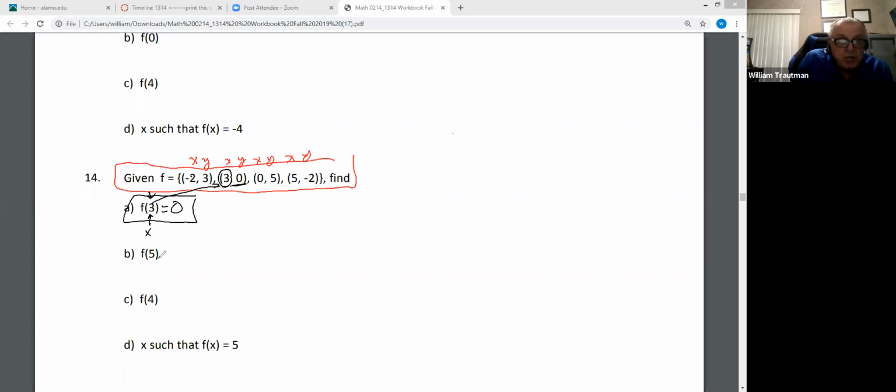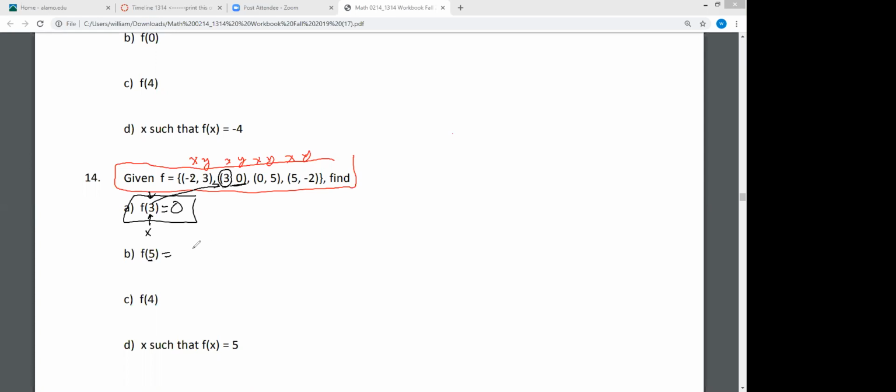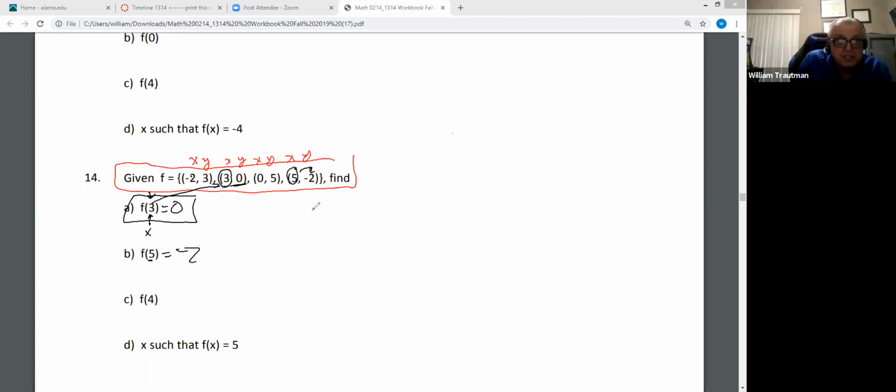So what do you get when x is 5? What's the answer? Y equals negative 2. Yes, here's x equals 5. The answer is y is negative 2. And x equals 4?